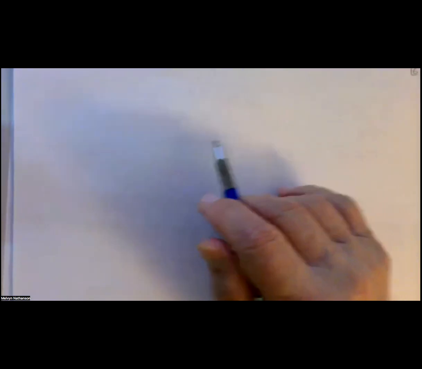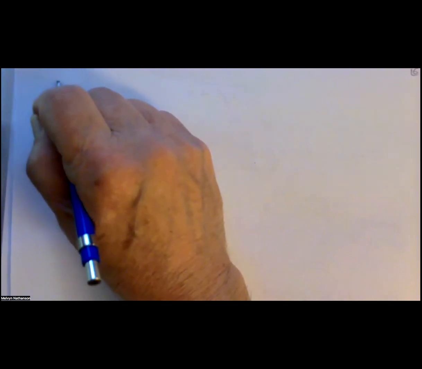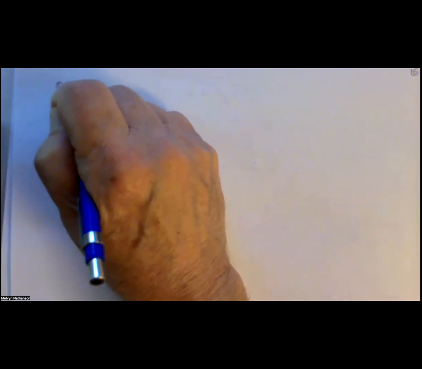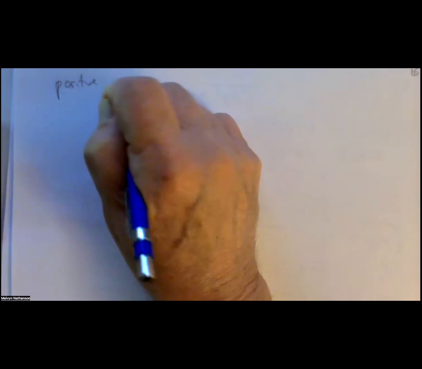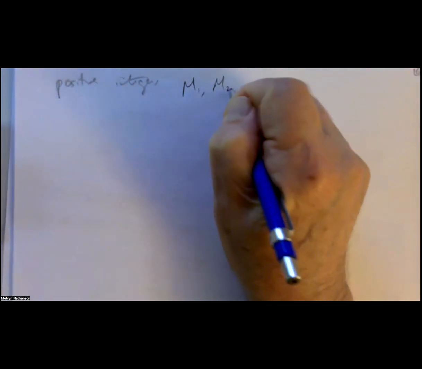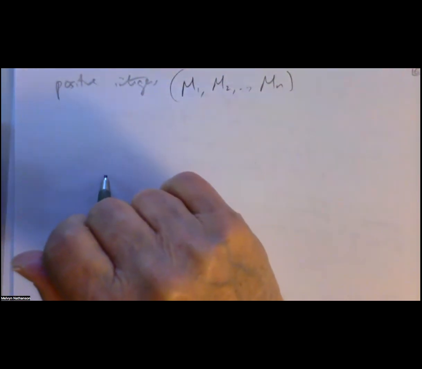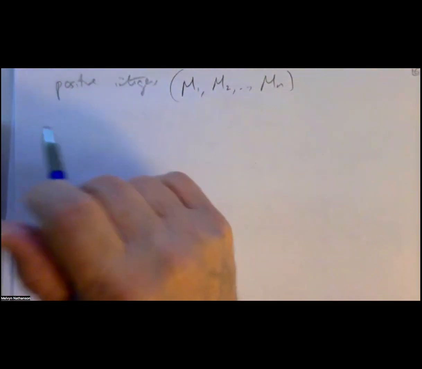So I want to show one other completely different way to create a secret code. Suppose we have positive integers M1, M2 up to M sub n, an ordered sequence.